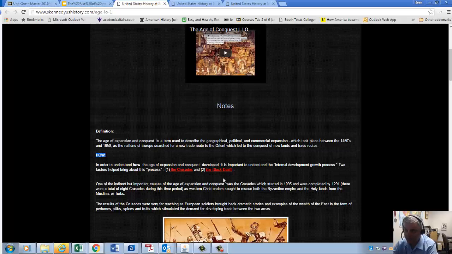The Black Death, which is going to begin in 1347 and last till 1350, is going to further undermine the feudal system that had developed, where you had lords protecting serfs and serfs providing for lords, and then all of these different fiefdoms loosely connected to the Catholic Church under the papacy rule.